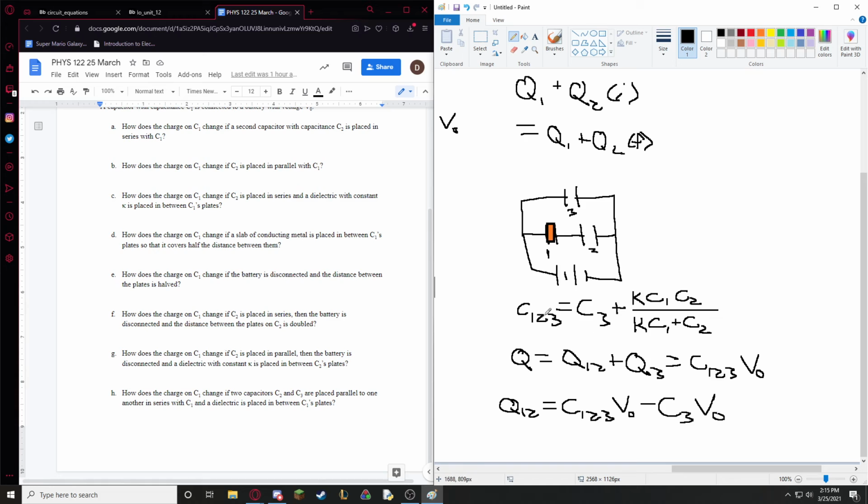So basically our total charge Q12 is just going to be C12 times V naught, right? Our total capacitance of 1 and 2 together times our voltage drop across 1 and 2 together.